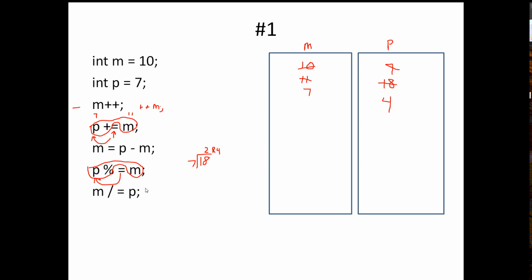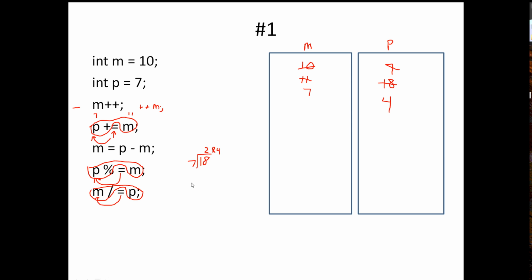The next line down is to take M and divide it by P, and then we'll assign it to M because that's the second operator. So M is 7 and P is 4, and so 4 goes into 7 one time.